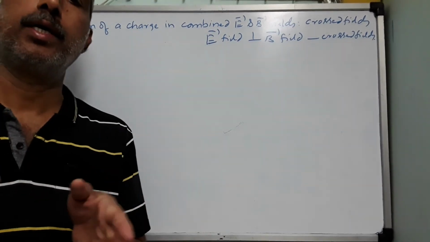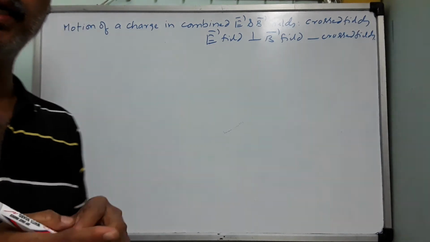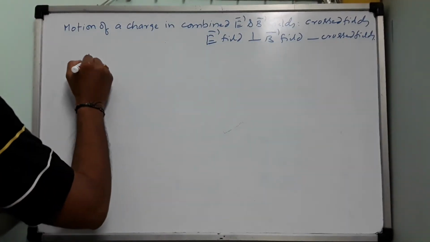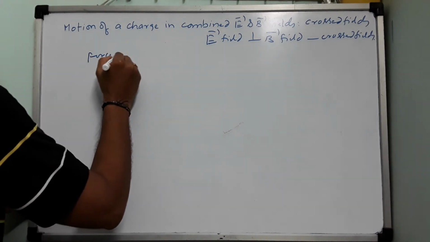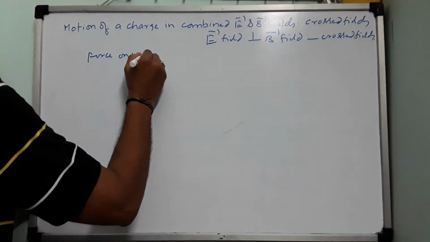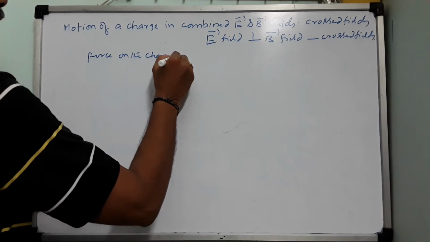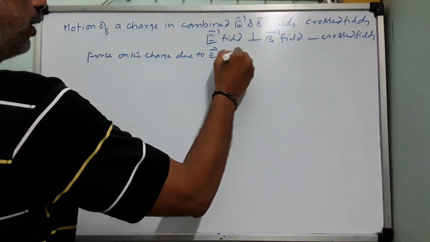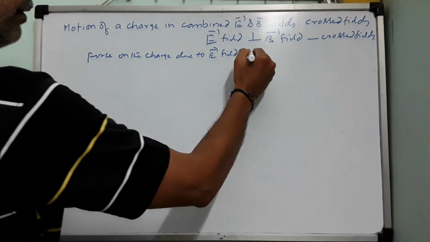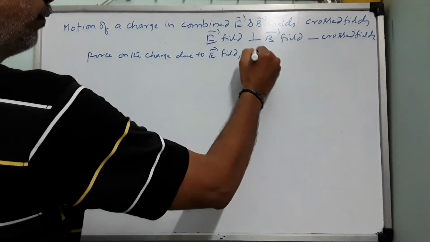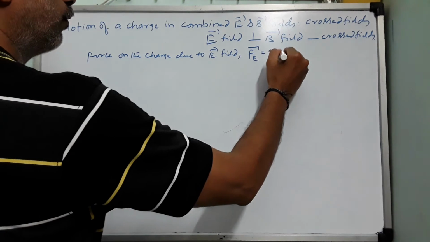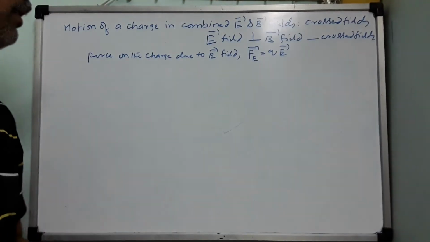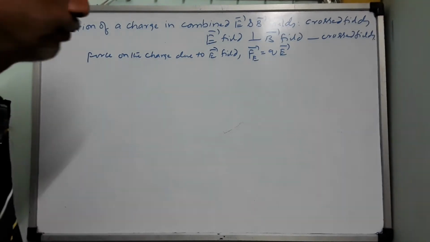Now you are allowing a charge to move in combined electric and magnetic fields. Then in such case, what will happen? Force on the charge due to electric field, Fe vector equals Q into E. I am using this subscript only to denote this is the force of electric field.